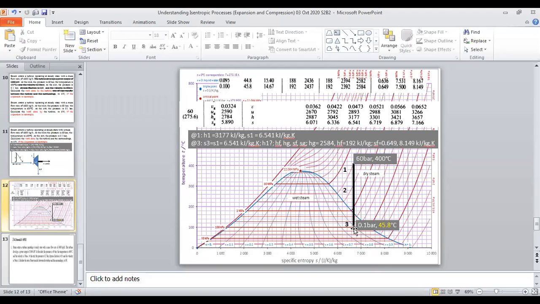First, you get the X value here, the dryness fraction. You have to get that, okay?